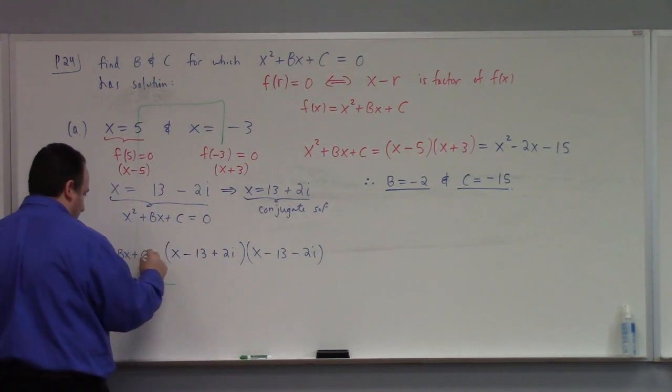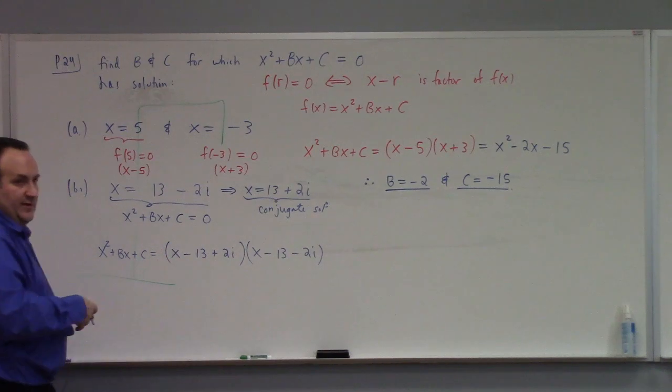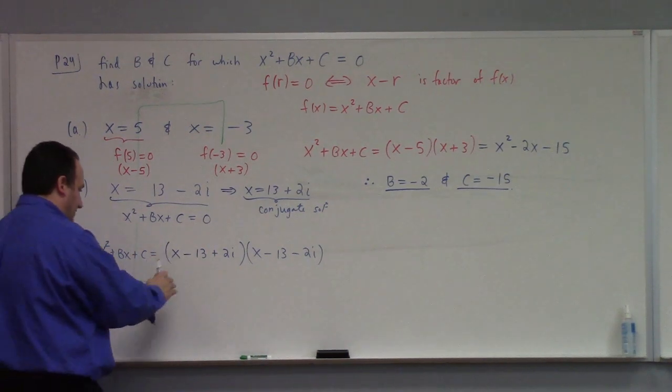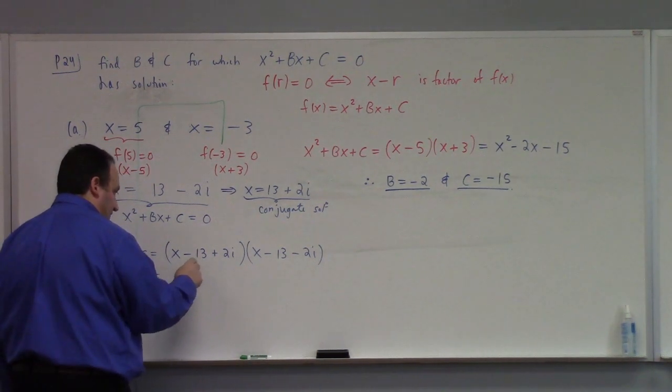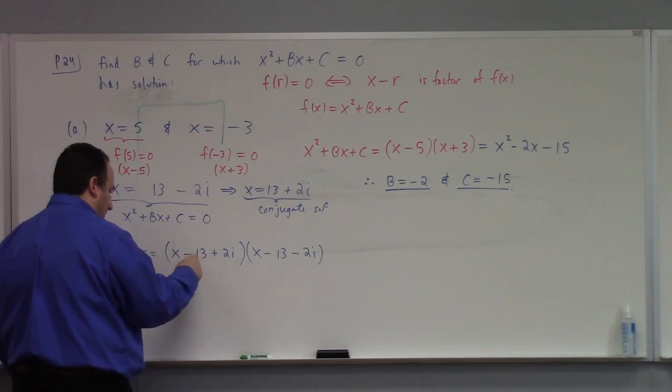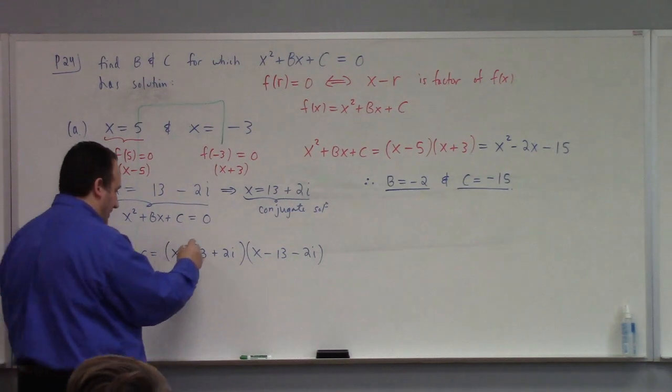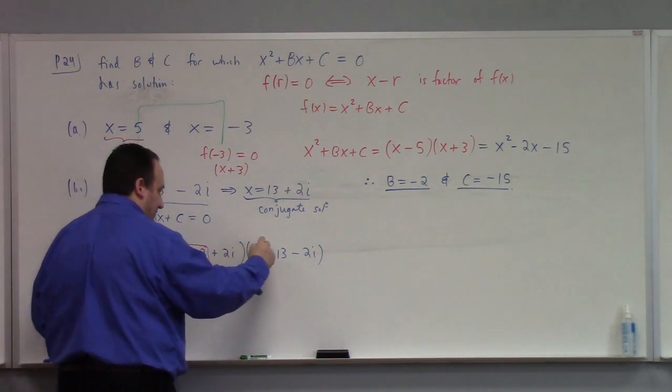So what does that make b and c? Well, we have to multiply it out. It's helpful to think about x minus 13 as a unit. Think about these as a kind of package deal here. Keep these together in your multiplication.